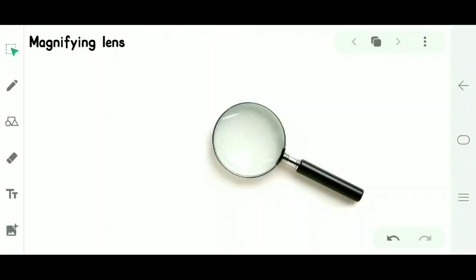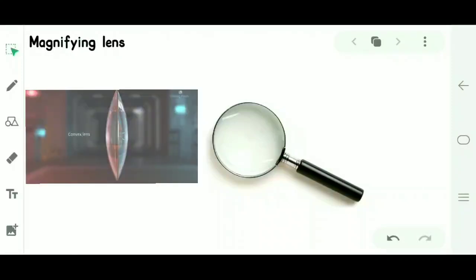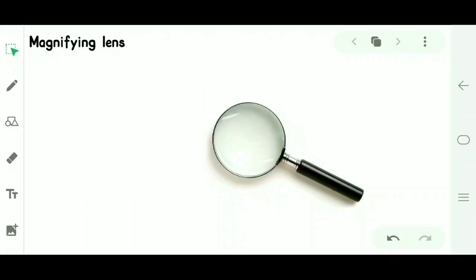Now we have to think about what is the logic and concept behind this magnifying lens. Yes, students, now we will elaborate on the logic behind it. So the thing is, the magnifying lens is made of glass, and the lens is actually a convex lens. Convex lens, you know what type of properties it has?